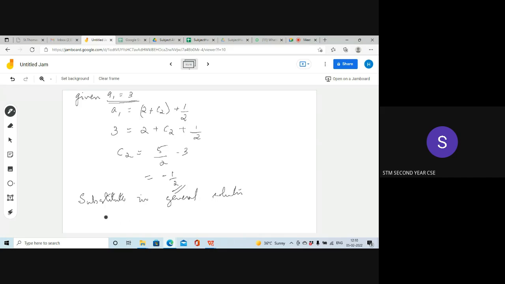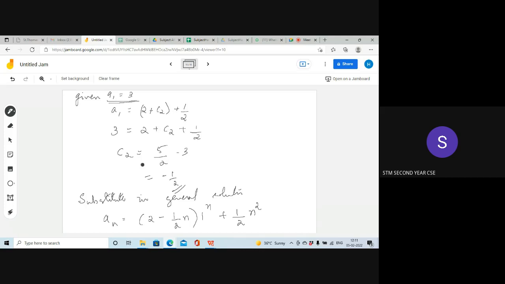You get an is equal to C1, which is 2, plus C2, which is minus 1 by 2, n into 1 raised to n, plus 1 by 2 into n square.